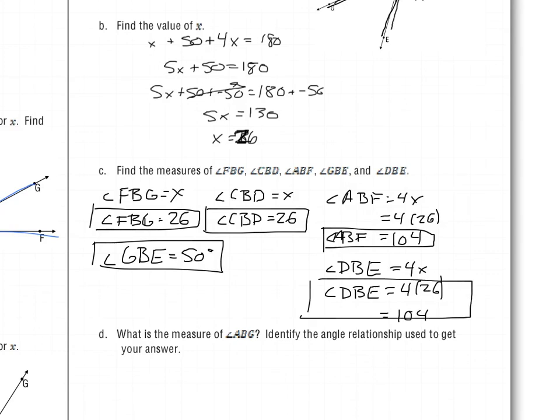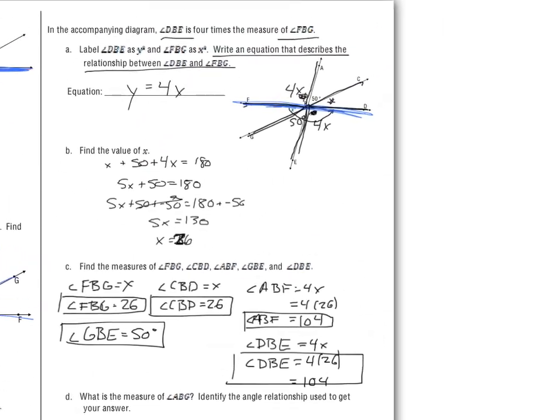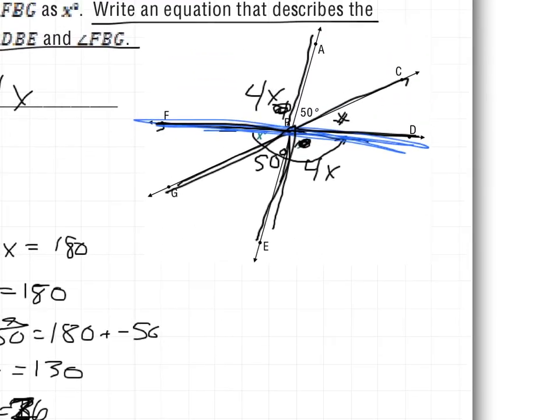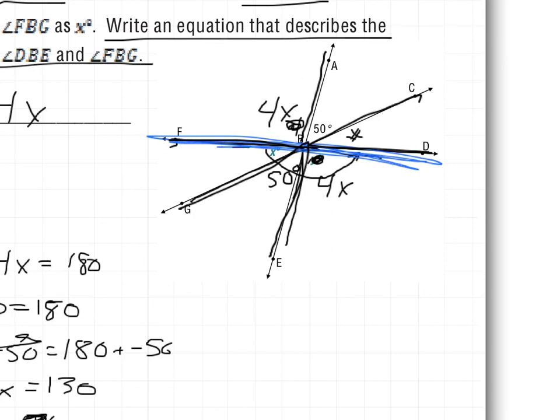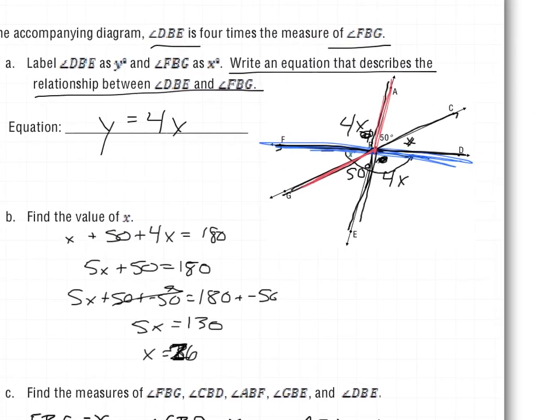What is the measure of angle ABG? So I'm going to outline this one. A, B, and G. Alright, so these have two adjacent angles. So we have 4x, which we said is 104.